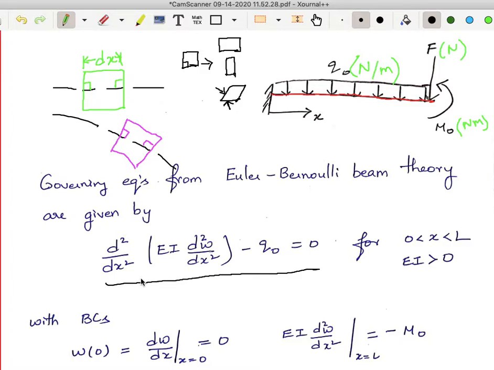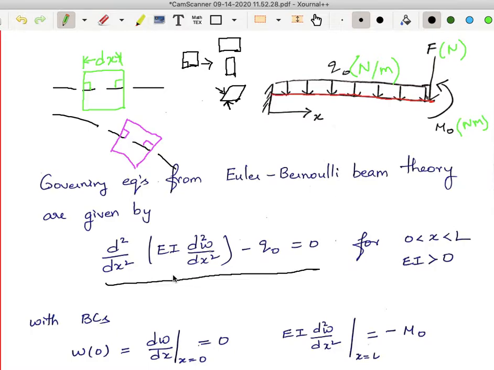Okay, so the highest order derivative is 4. Just remember one thing: whenever you are dealing with bending, that too bending of Euler-Bernoulli type, the governing differential equations are going to be of 4th order. Otherwise, in general, you are going to deal with 2nd order differential equations.